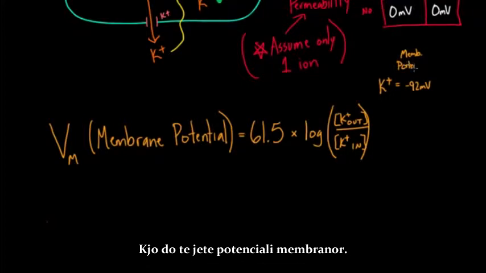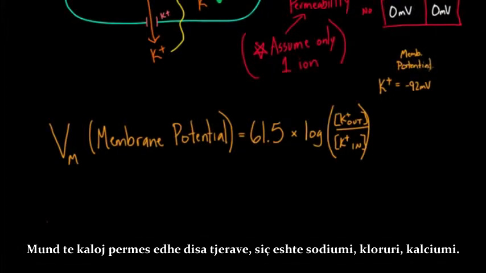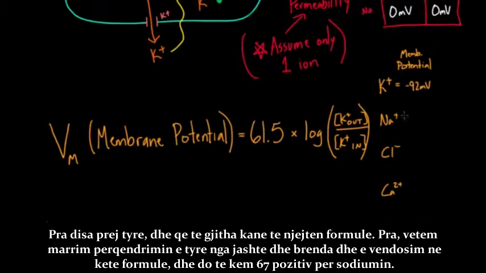And I can even walk through a few other key ones. So there's sodium, and let's do chloride and calcium. So a few of them, and all of them have the same kind of formula. You just take their concentrations on the inside and outside and plug it into the formula, and you get positive 67 for sodium.